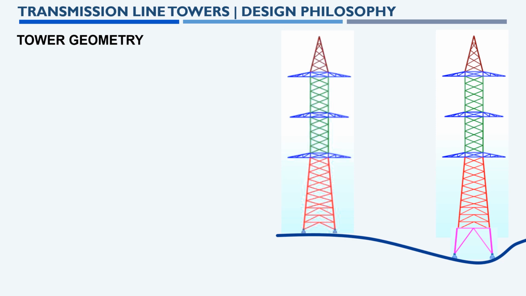So whenever there is a level difference between two nearby towers, to match the level of the conductor fixing, we provide a frame at the bottom of the designed or fabricated tower. That part we call body extension.